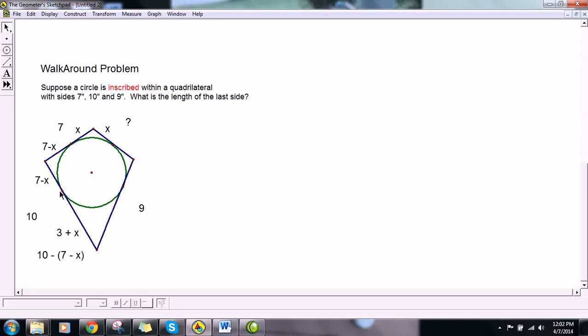Now, again by the two-tangent theorem, these two guys are the same. So if that piece is 3 plus x, this piece also is 3 plus x.